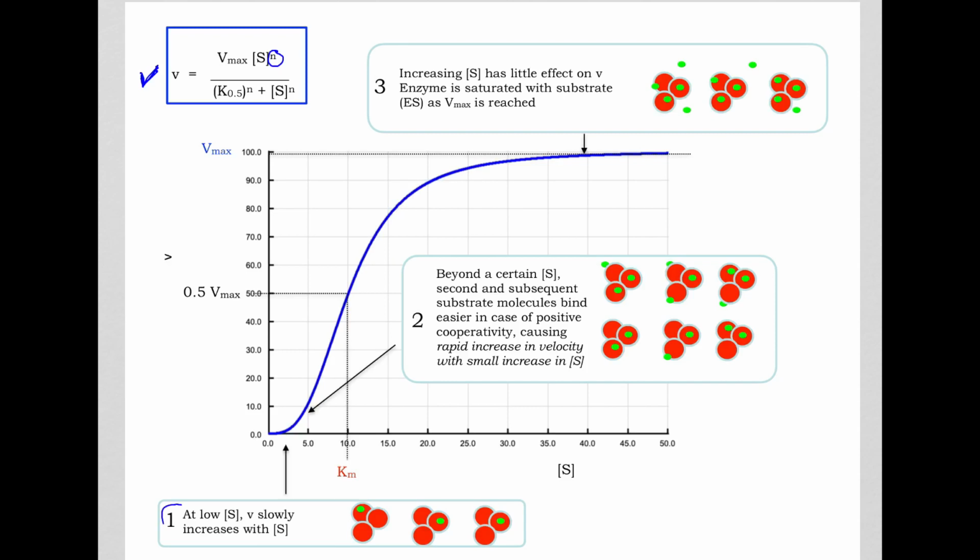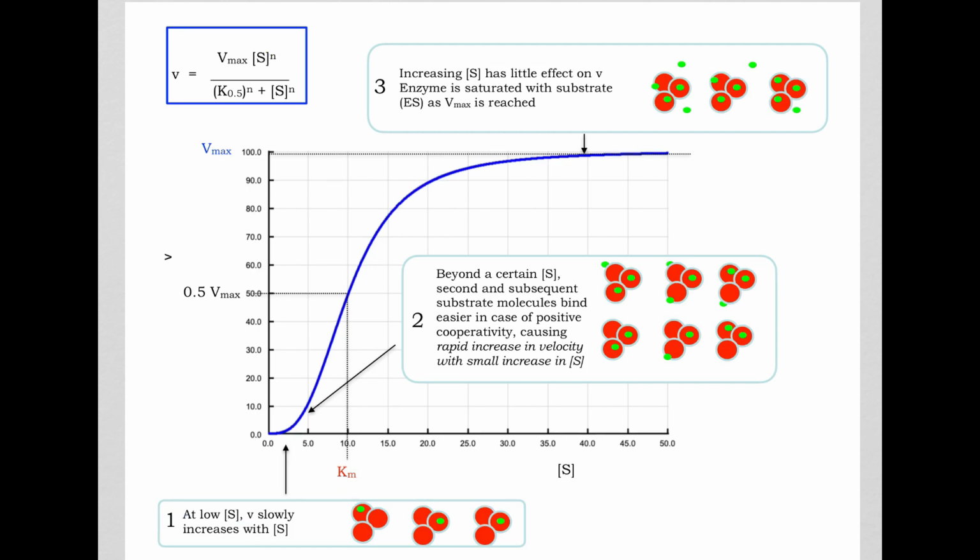So when the substrate concentration is very low, the substrate is binding each enzyme molecule, and we see a gradual increase in velocity with an increase in substrate concentration, just as we saw with the hyperbolic curve.